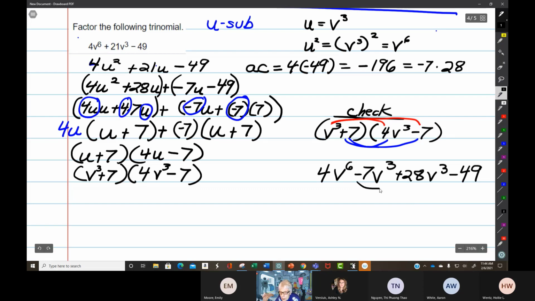And when you combine your like terms, what do you know? You get 4v to the 6th plus 21v to the third minus 49, which indeed is what we started with.